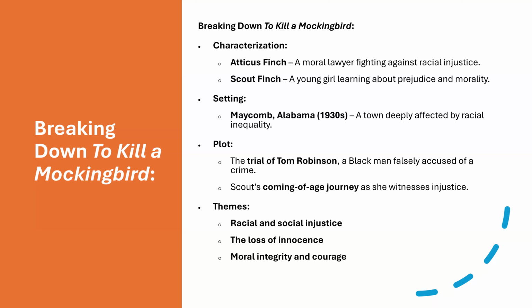Now, the other part of the plot also is Scout Finch's coming of age journey as she witnesses injustice. So the themes of this book are racial and social injustice, the loss of innocence, and moral integrity and courage.